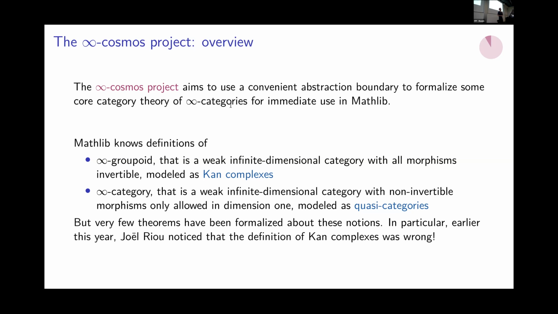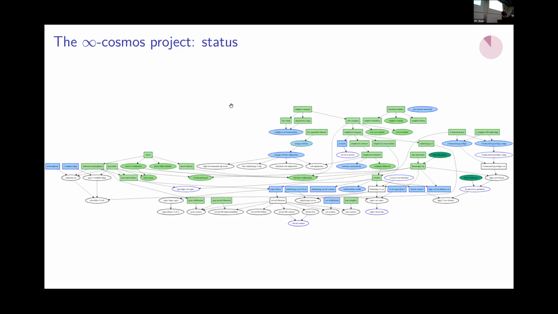So this is the situation where no one's really even used these enough to notice obvious issues once you actually try to use it properly. So the project is underway, and this is a picture from the blueprint for Infinity Cosmos, and you can see that there's a lot which hasn't been done.